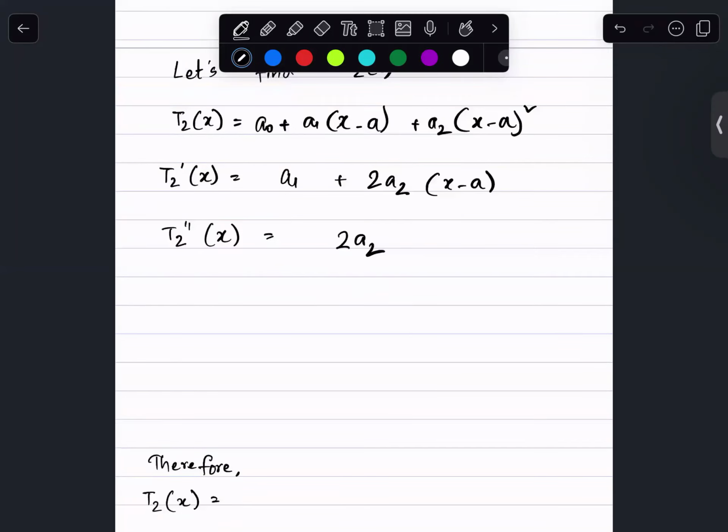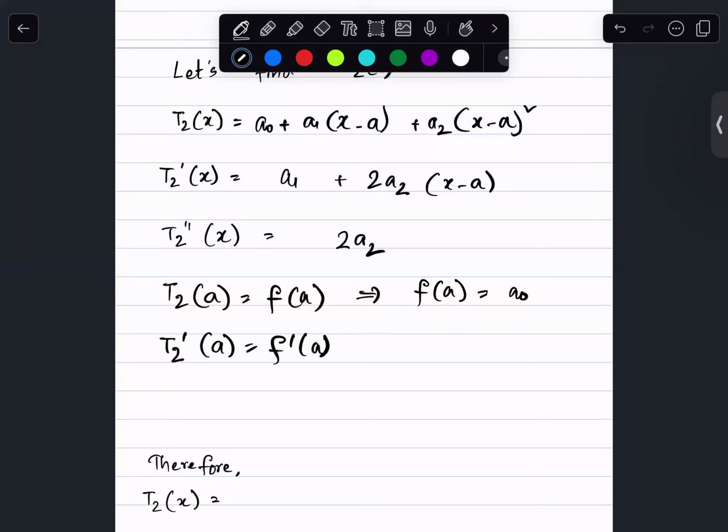Now the conditions that we have is T2 at the point a should be f(a), and if I consider this, then I'll get f(a) is the same as a0. Similarly, for the second condition, T2 prime(a) is the same as f prime(a). If I put x equal to a back in there, then I'll get a1 to be f prime(a), right?